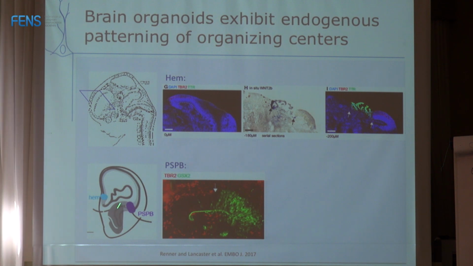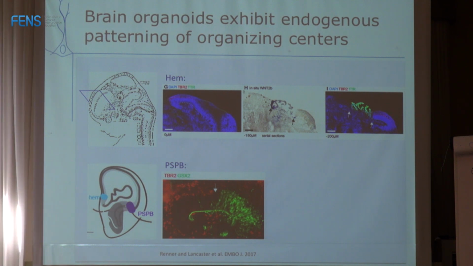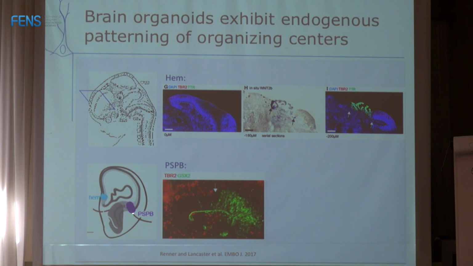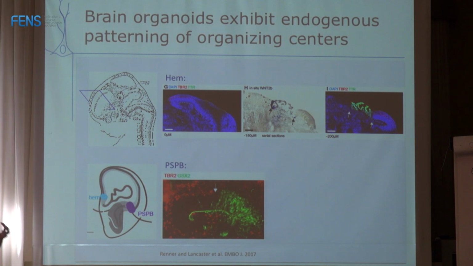And then down here, you have the ganglionic eminences. And at the boundary between the dorsal cortex and the ganglionic eminences, you have the pallial-subpallial border. So you should have a choroid plexus next to a hem. You shouldn't have a choroid plexus next to the pallial-subpallial border. So we wanted to see if we see that kind of organization.